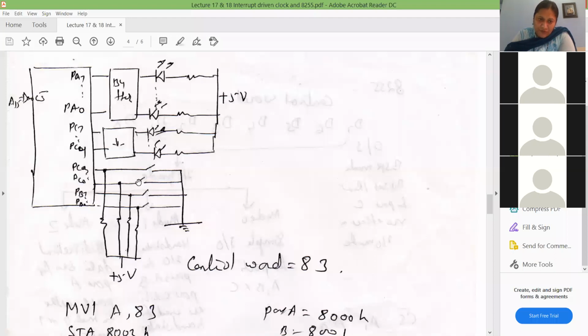When the switch is off it is disconnected, so 0 is not there. What is available is plus 5 volt, which will go over here. So when the switch is off, it is 1. When the switch is on, it is 0. Similarly, when the LED has to be glown, it should be 0.